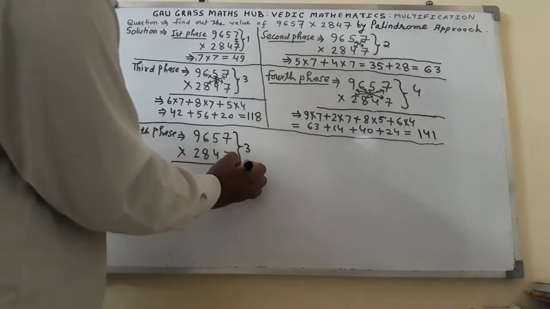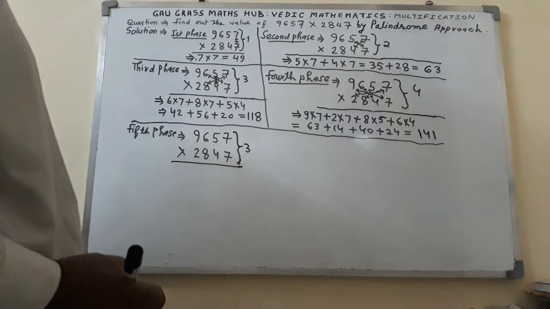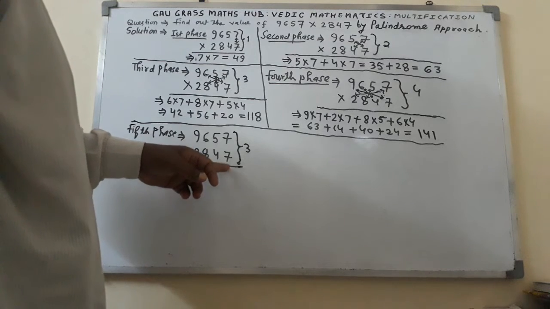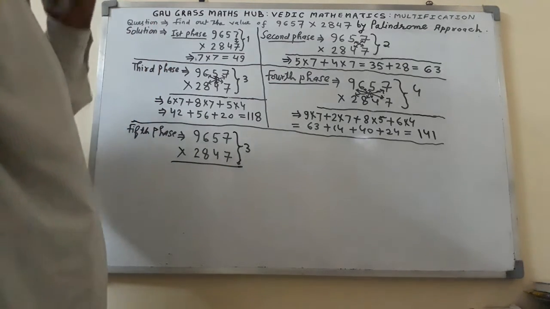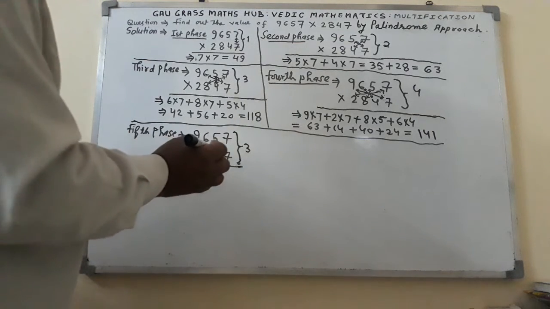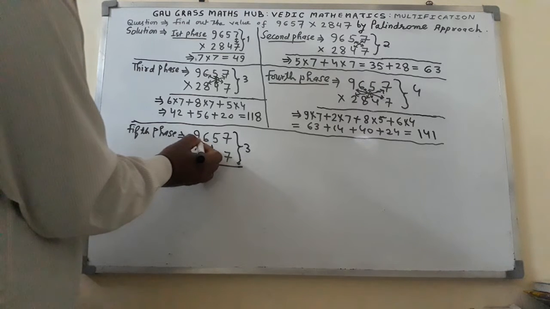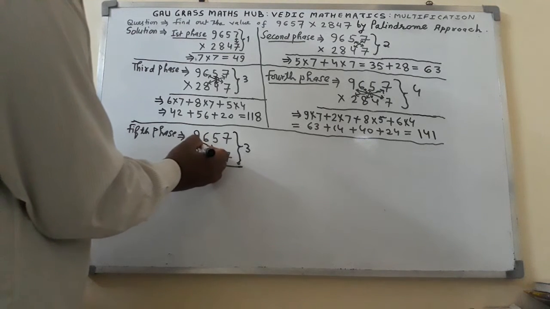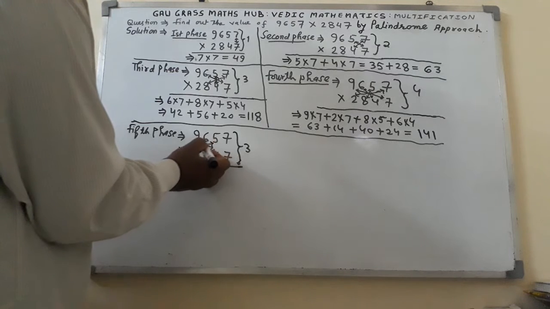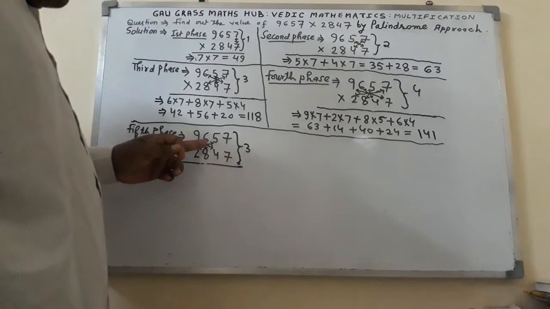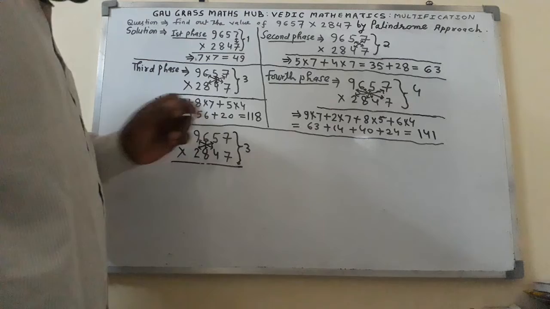So here for 3, you will get unit place digits 7 and 7 in both numbers will be relaxed. What will we do here for 3? Here 9 will multiply to 4, 2 will multiply to 5 and 6 will multiply to 8 like this. So here you have got 1, 2, 3. That's why I have written here 3.